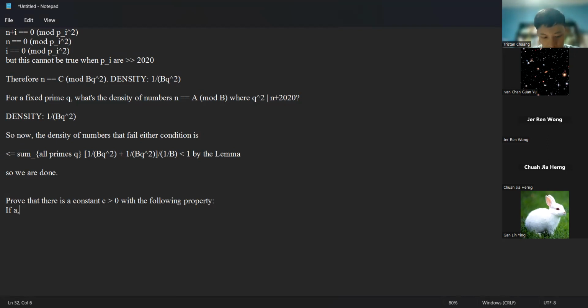If A, B, and N are positive integers such that the GCD of A plus I and B plus J is more than 1 for all i, j in 1, 2, 3, ..., n, then min of A, B is at least C n to the power of n over 2.